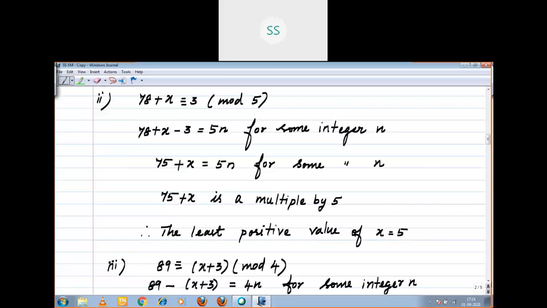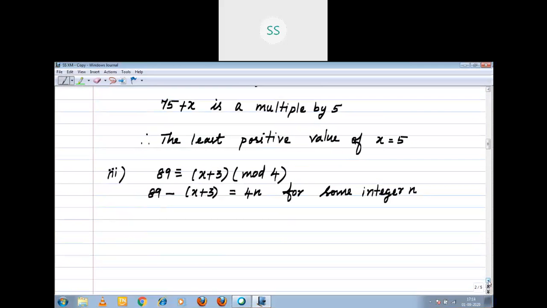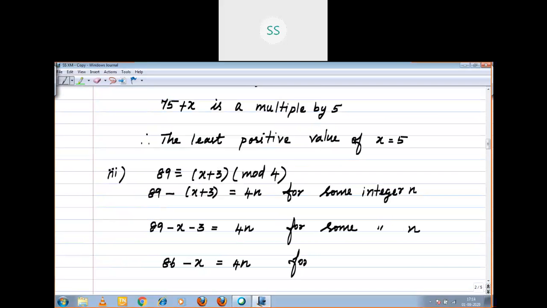Now 89 minus x minus 3, that is the meaning, right? 89 minus x minus 3 equal to 4n for some integer n. Now 86 minus x equal to 4n for some integer n. That means what should be the least value of x?